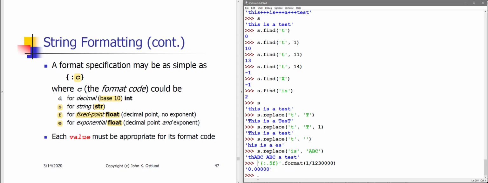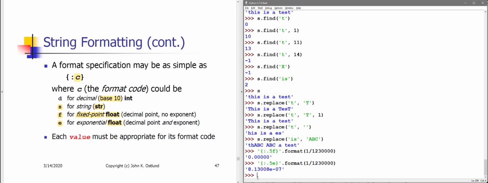If I were to display that same value, and rather than asking for a fixed point output that does not have an exponent, I ask for an exponential output that does have an exponent, then I still get 5 digits after the decimal point, but I also get an exponent showing me the magnitude of that result.